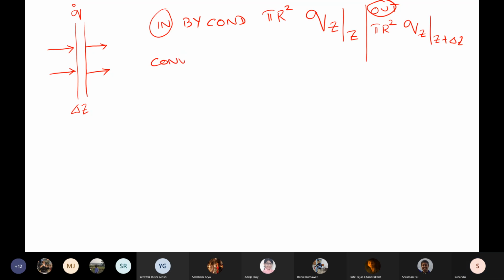Convection. So what is going to be the expression for convection? First of all, area should remain the same. And what is the convective energy coming into this control volume? Your expression.